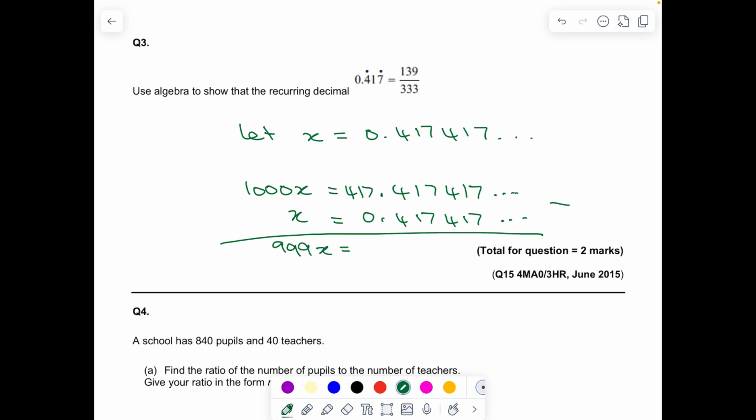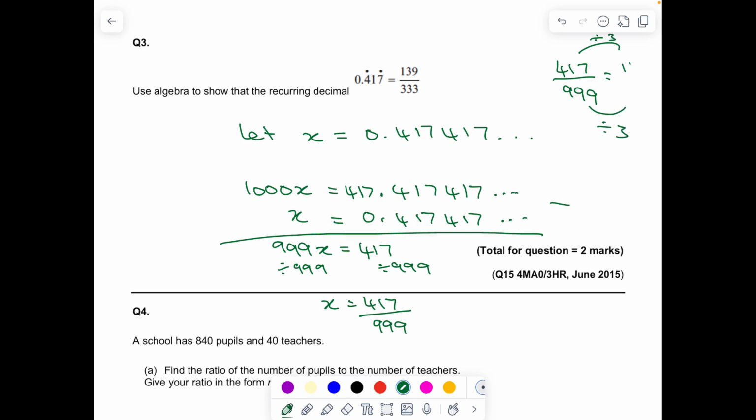Then on the other side, the recurring bit disappears and we're left with 417 take away 0, which is 417. Then divide both sides by 999 to give you that x is 417 over 999. Now 417 over 999 can be simplified. Both top and bottom are divisible by 3, and that gives you 139 over 333.